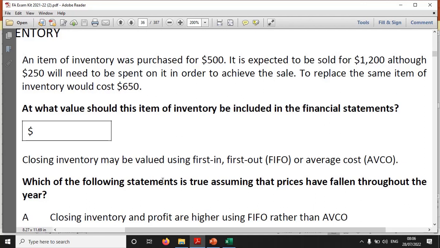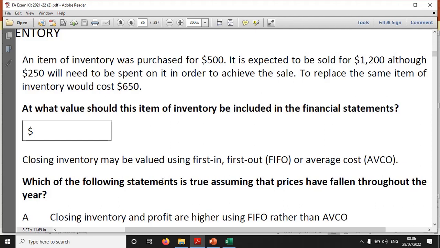I think it's very important to emphasize that the major concern of the topic for inventory and cost of sales is inventory valuation.